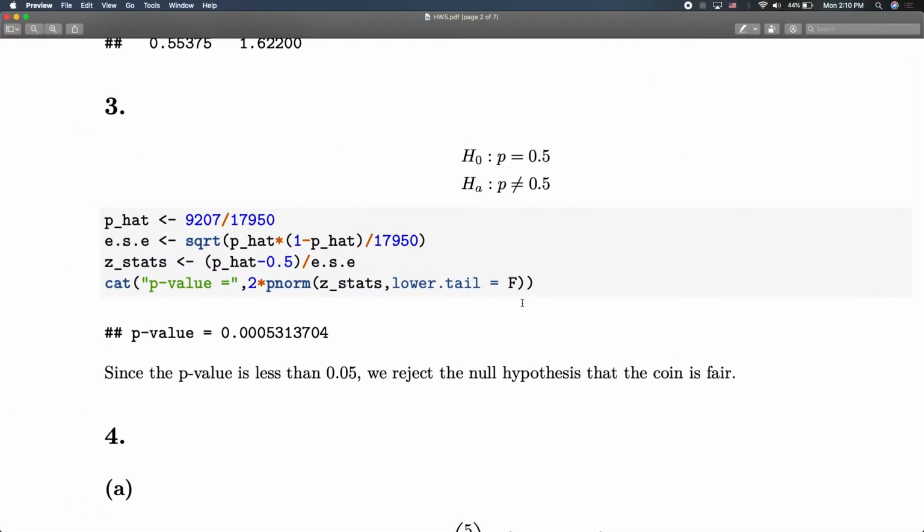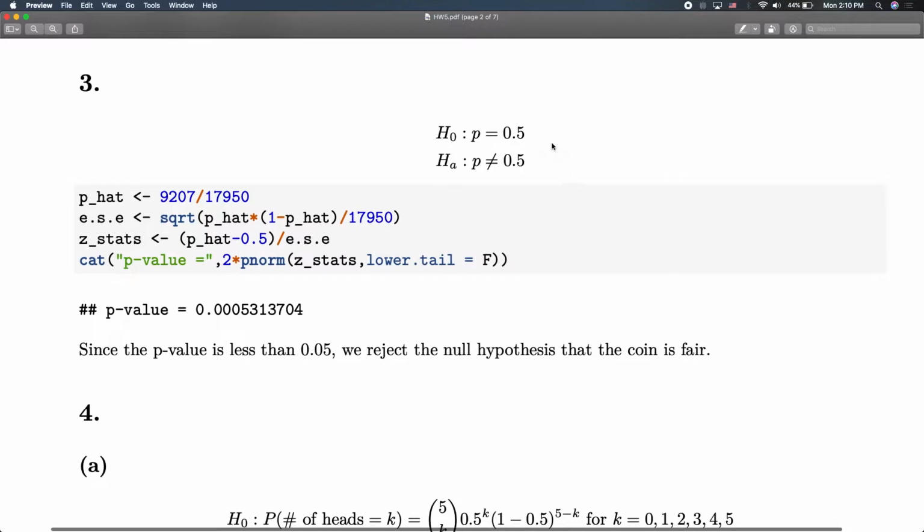Okay, so here is the null and alternative, equal to 0.5 and not equal to 0.5. This is the one that we observed, so this will be the proportion of landing on head out of that many tosses. The estimated standard error is based on the binomial distribution, so we have p times 1 minus p over n, and take the square root.